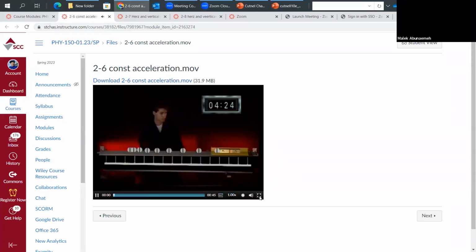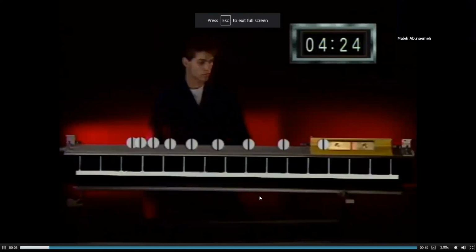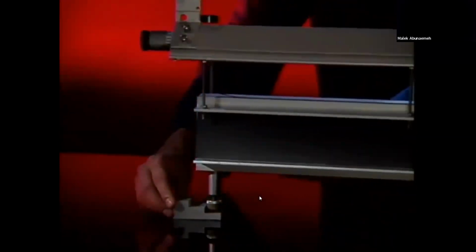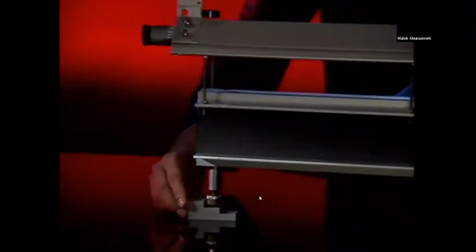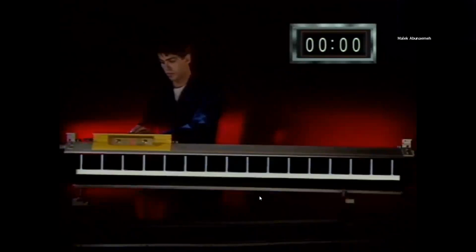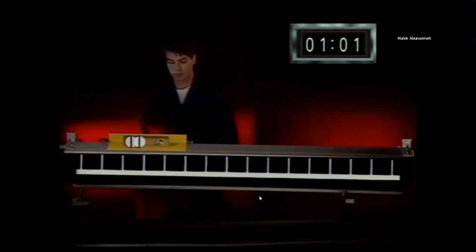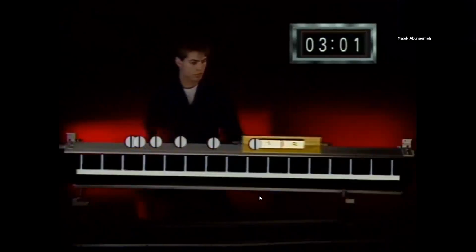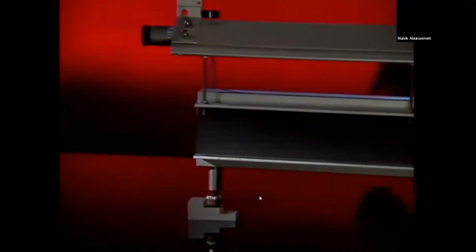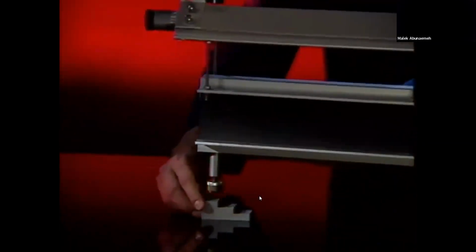That is, velocity increases with time. Notice the higher it is, the more spacing between the dots as time increases, which means it increases the acceleration.